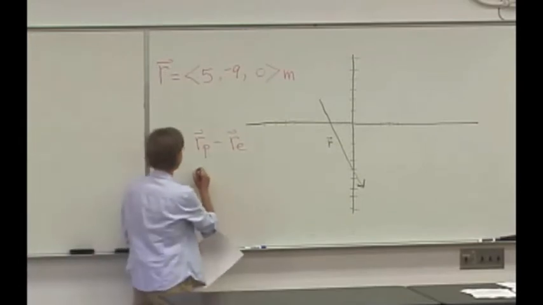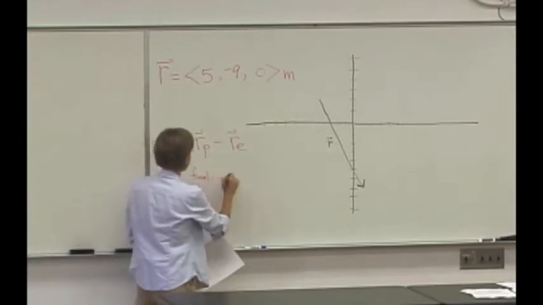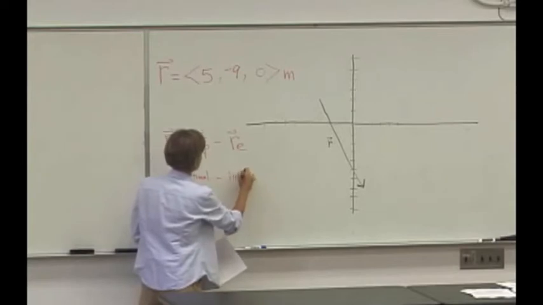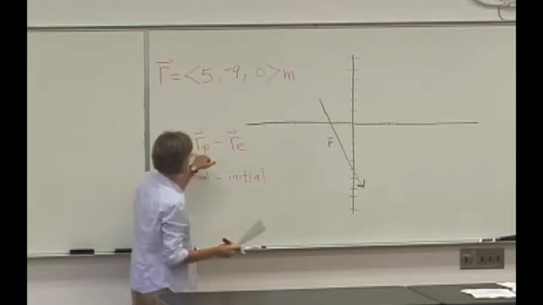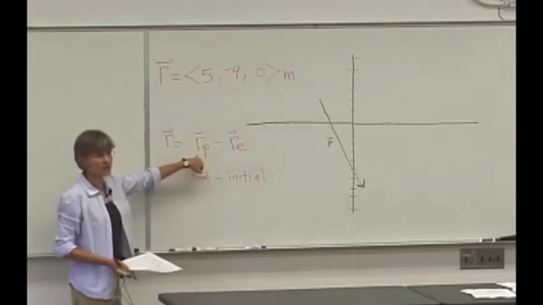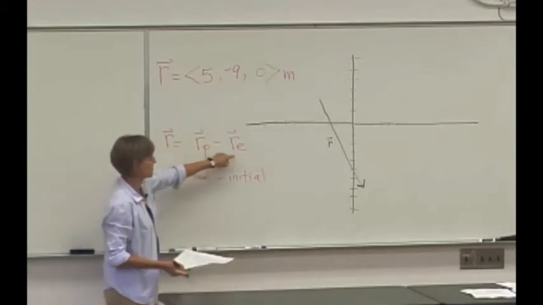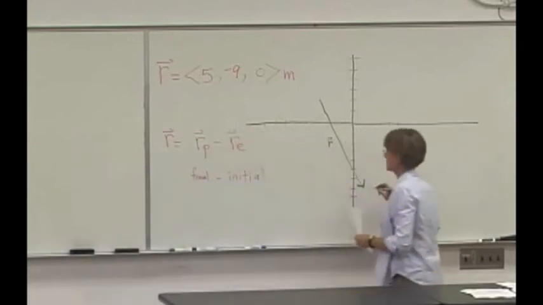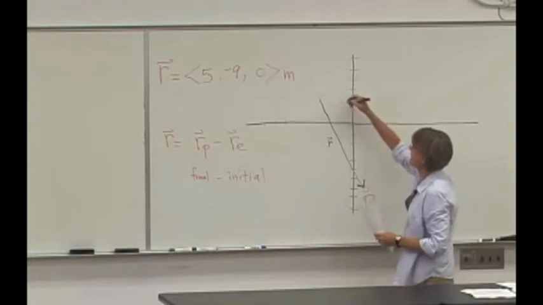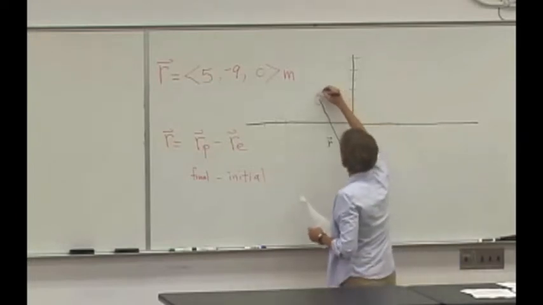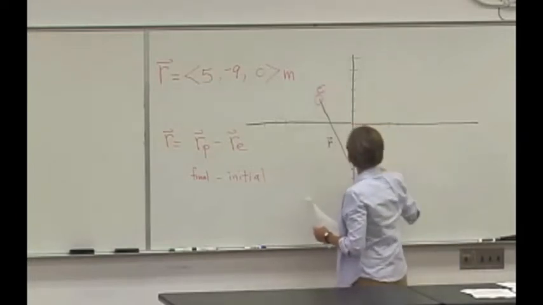Remember that this is always final minus initial. So this is the thing at the tip of the relative position vector, and that's the thing at the tail of the relative position vector. So there must be a proton here and an electron here.